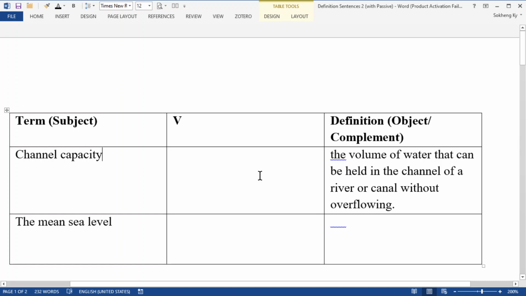It is helpful to think of a definition sentence as consisting of three parts. Part 1, part 2. So what is part 2? It is the verb, right? And look, it refers to, and then the definition.